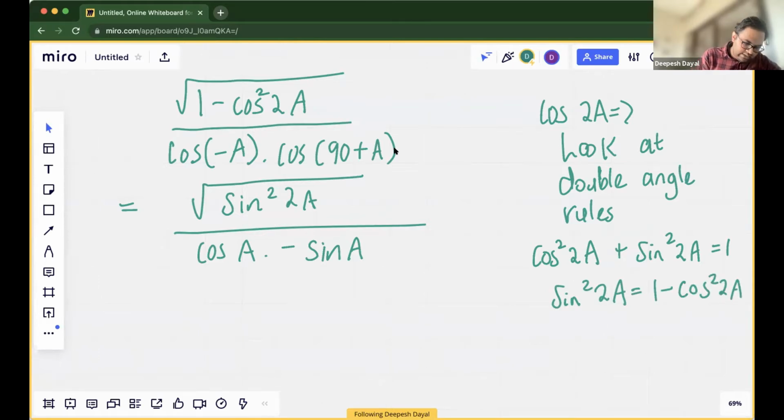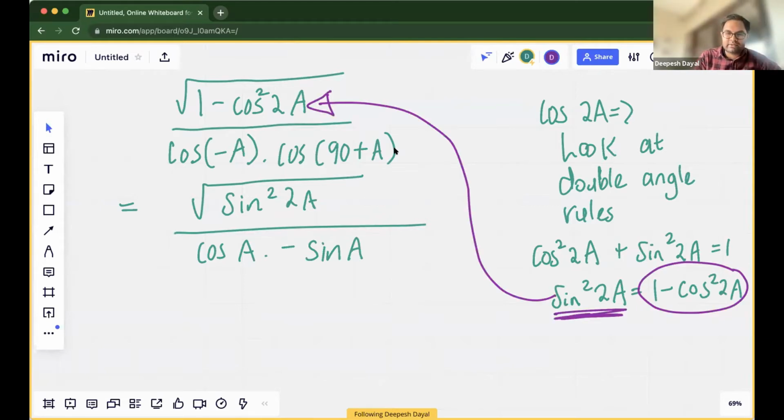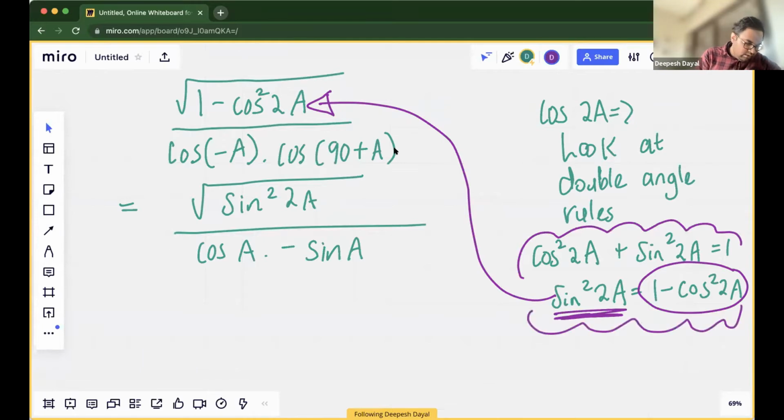So you can use this relationship as well for finding what 1 minus cos squared 2a is, and that is your sine squared 2a. Okay, great. And now we move on.